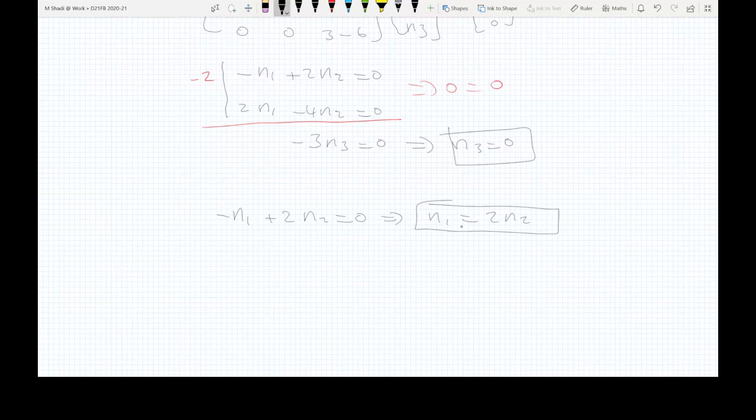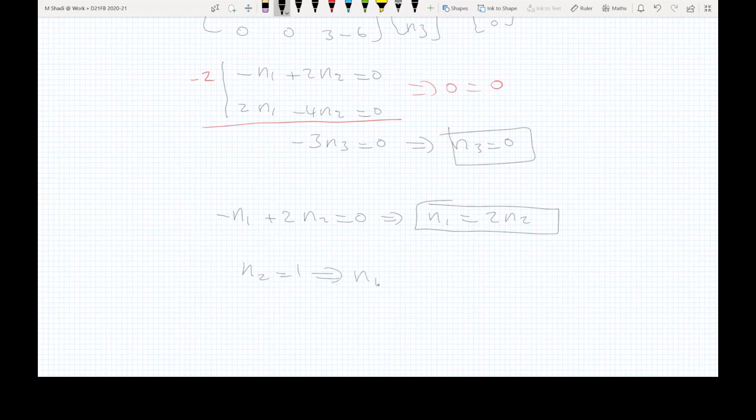You pick any solution you want. This solution is always going to be that n2 is equal to half n1, or n1 is twice as big as n2. So the easiest thing for me in this case is just to have n2 equal to 1 if you want. n2 is equal to 1.